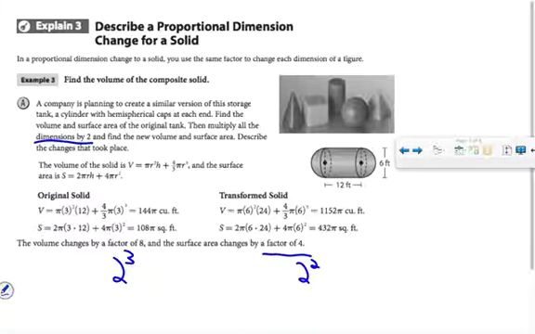So that should make sense based on what we saw in the previous screen. Area got multiplied by the scale factor squared. And since volume is a cubic unit measurement, taking the original volume and multiplying it by the scale factor cubed should just make sense.